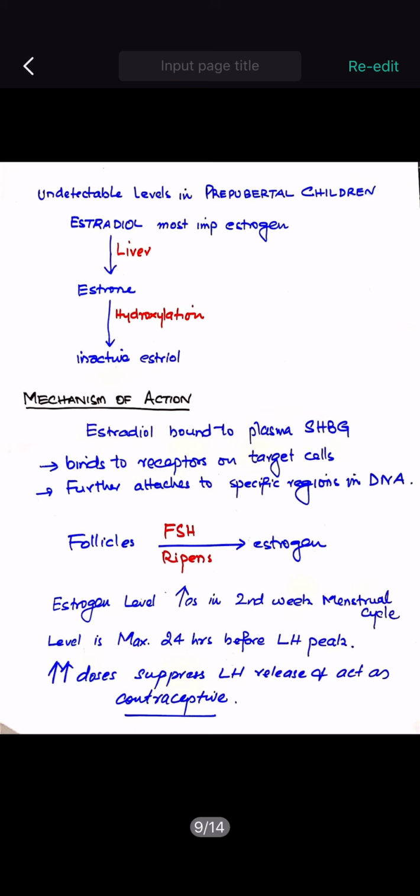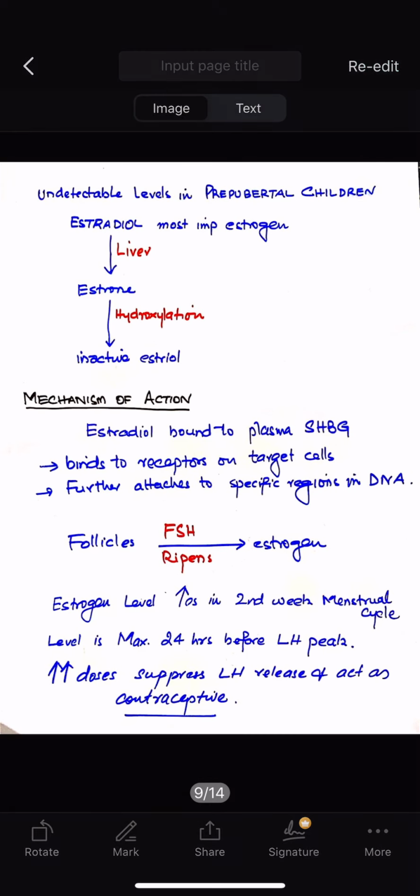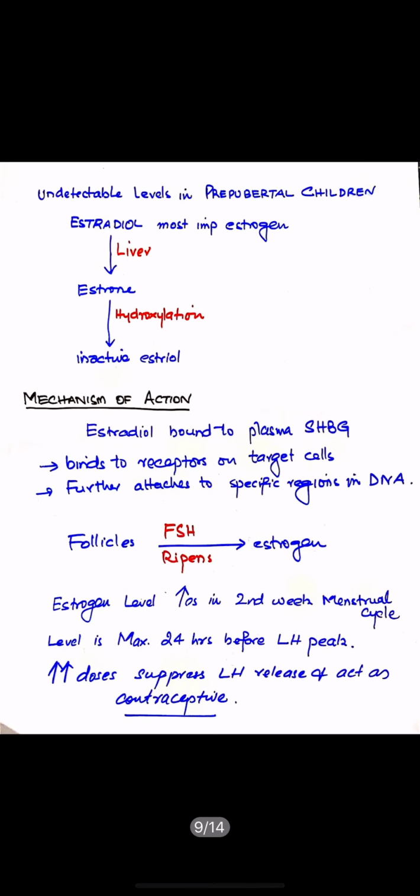The mechanism of action: estradiol is bound to plasma sex hormone binding globulin. It binds to the receptors on target cells, and further it attaches to specific regions in DNA, and through that the mechanism of action occurs.